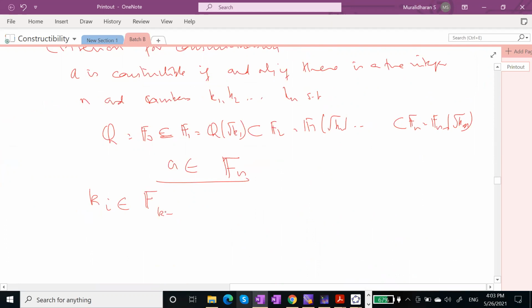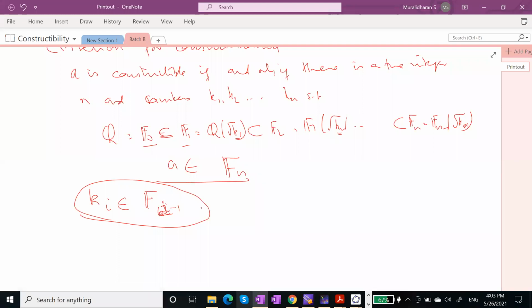Ki will be in Fi minus 1. My K1 must be a number in F0. K2 must be a number in F1. K3 will be in F2 and so on. That's what we did. Yes, sir. So Ki must be in Fi minus 1. If I can find a sequence of numbers like this, then it is constructible. If I can't find a sequence of numbers like this, it is not constructible.